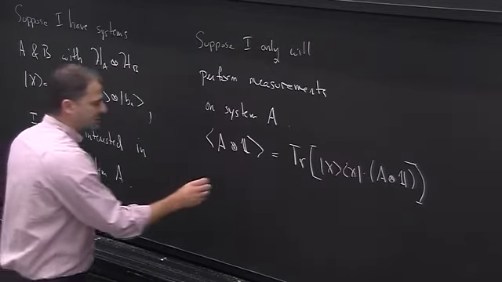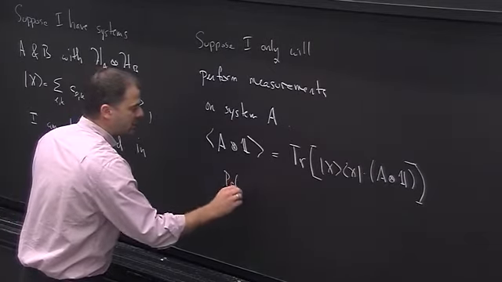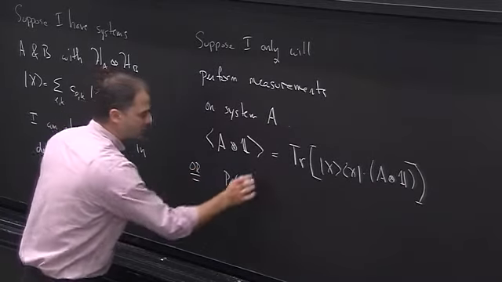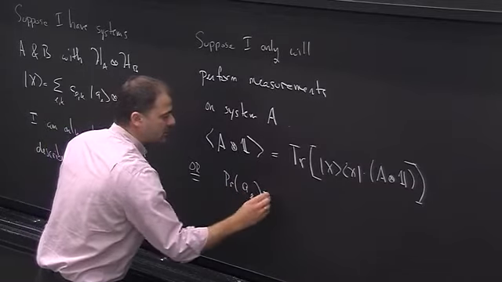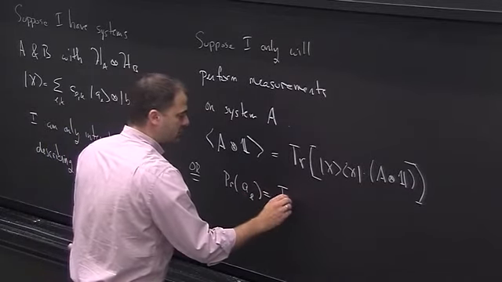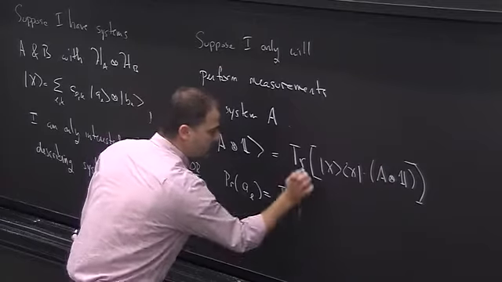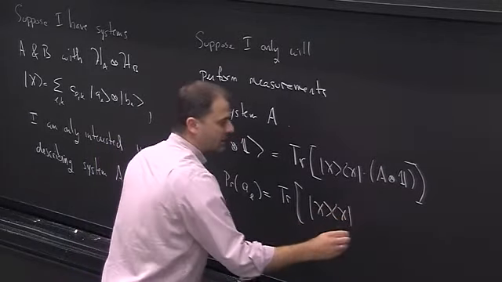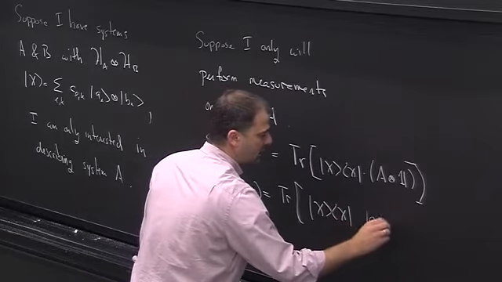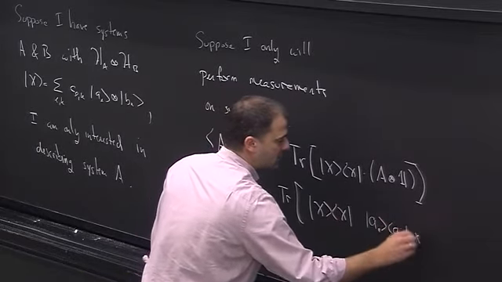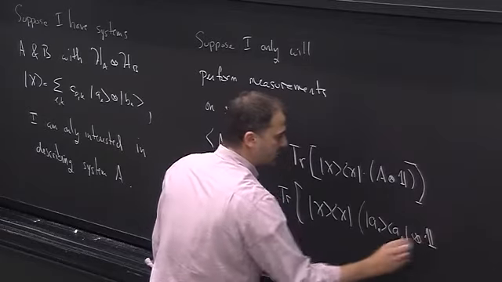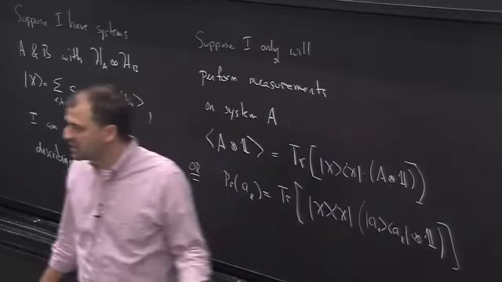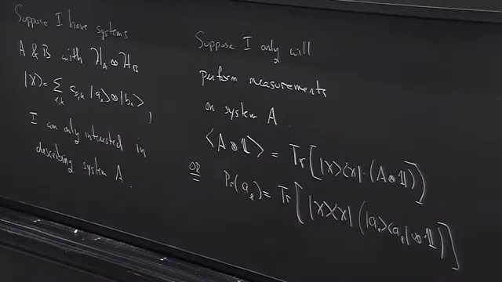Or more specifically, I might be interested in the probability of the outcome A_L. This is, in a sense, more precise, which is going to be the trace of, again, our preparation chi against A_L tensor identity. So you should really start thinking of having identity on the second factor space, meaning that I do nothing to that system.